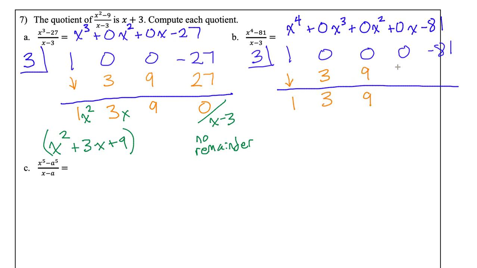Bring it down. 27. Bring it down. 81. Bring it down, and it's 0. I have no remainder yet again. My answer is 1x cubed plus 3x squared plus 9x plus 27.